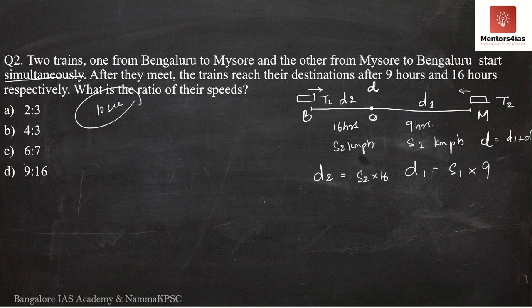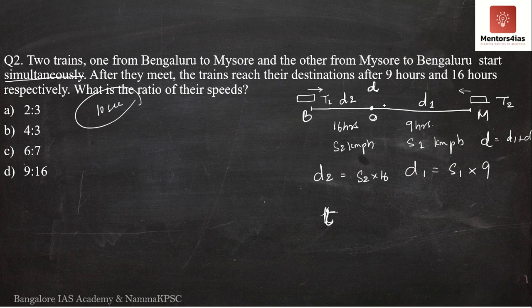Meaning what? Train T1 takes T time, let it be T time, to cover distance D2 to reach O. Similarly, train T2 also takes the same time to cover distance D1 and reach the meeting point O. I hope you understood this.